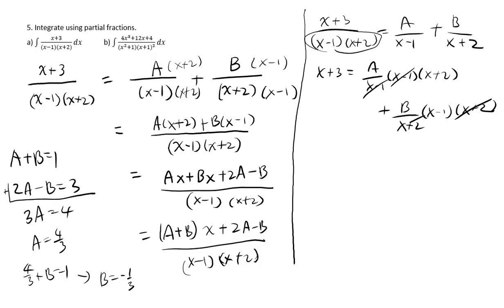These cancel and these cancel, and you end up with x plus 3 equal to a times x plus 2 plus b times x minus 1, which is essentially the same thing as what we got. Okay, so we have this equal to that.